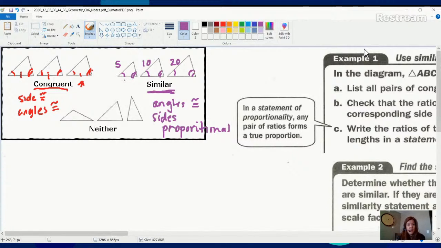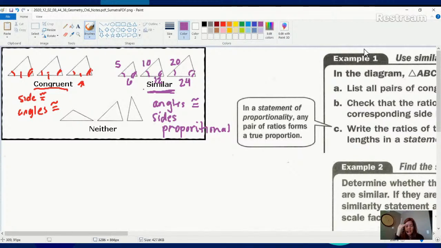So if this side is 5 and then this is 6, then this would have to be 12 and this would have to be 24 because that would be in a proportion, right? We go from 5 to 10, we're doubling it, and 6 to 12, we're doubling it. So it has to be in a proportional relationship. And then, of course, down here we have neither. All right, so that's none of them.